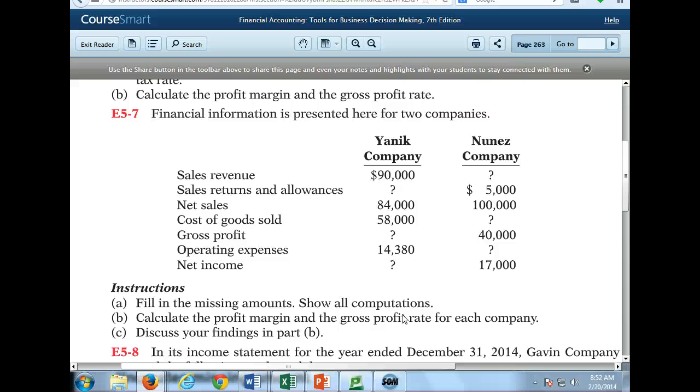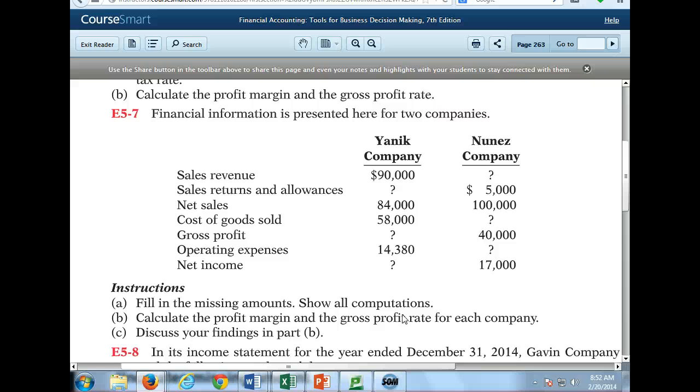But what's gross profit rate? Gross profit divided by net sales. Will the gross profit rate always be greater than the profit margin, or will the profit margin be greater than the gross profit rate? Which one is going to be higher than the other?